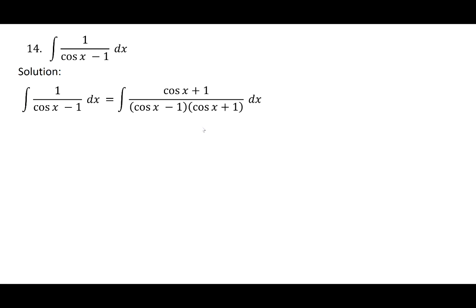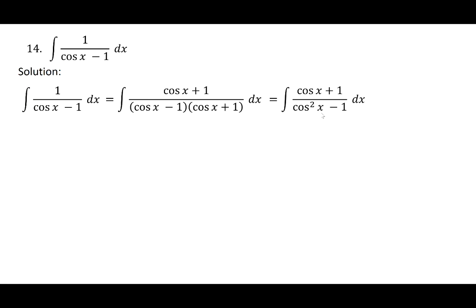So how do you do this? Check this out. Sometimes you need to be very clever about integrals. What if we multiply both the top and the bottom by cosine x plus 1? When we do that, the bottom becomes a minus b times a plus b, which is a square minus b square, so cosine square x minus 1.